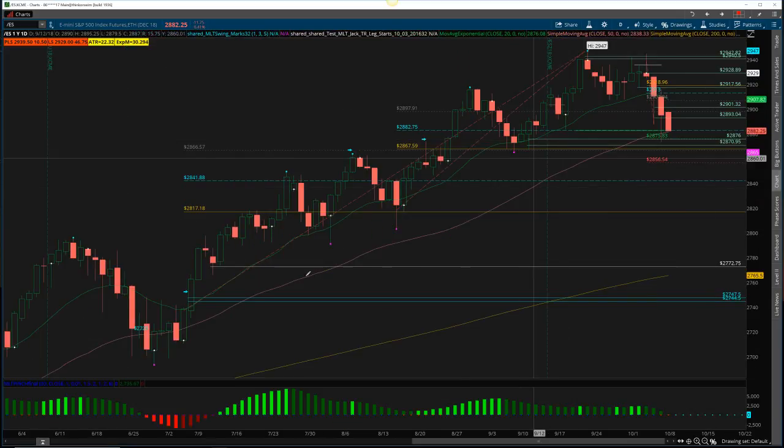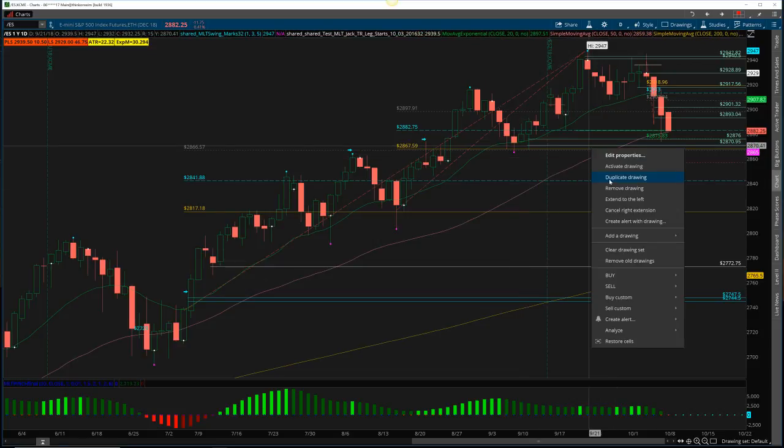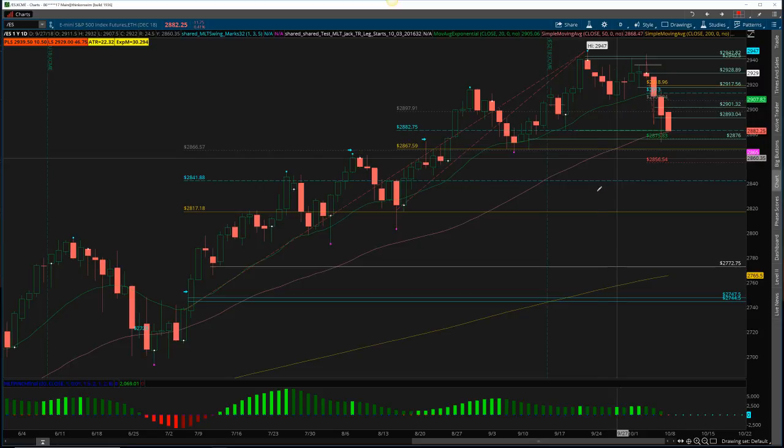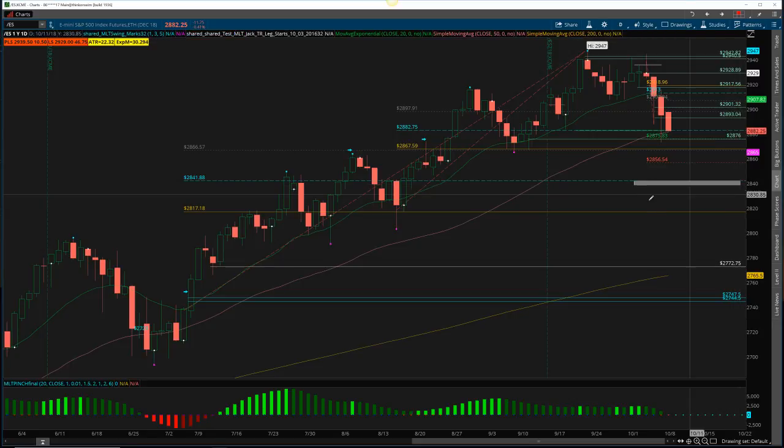This 38% retracement and the low of September 7th is really the next support level that has much meaning to me. But I do think it's a possibility we get as low as this zone this week, this 28.42 zone.